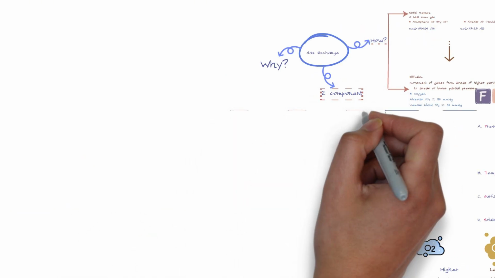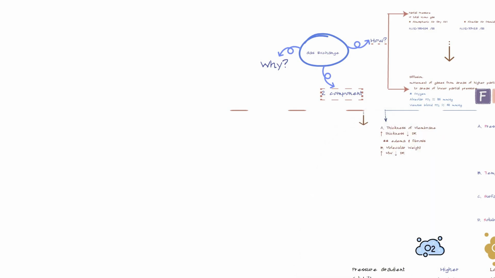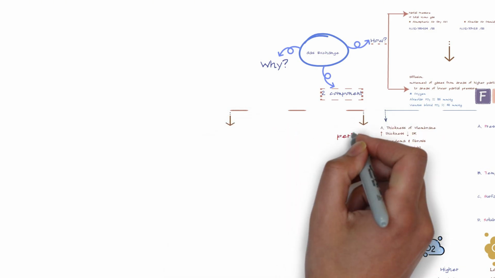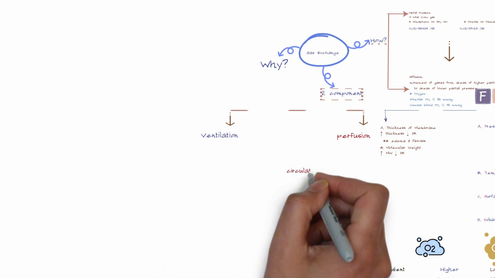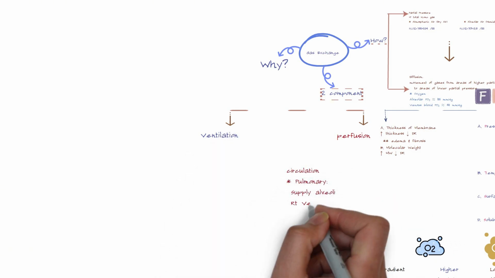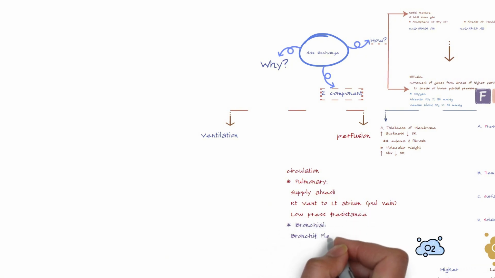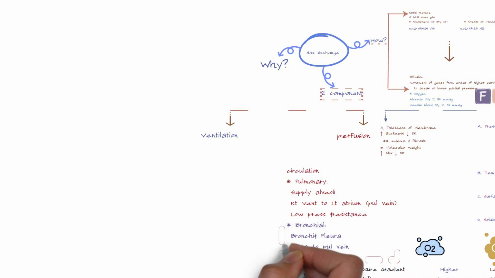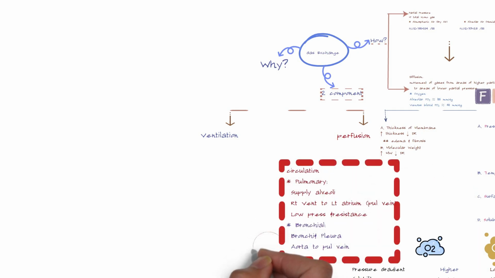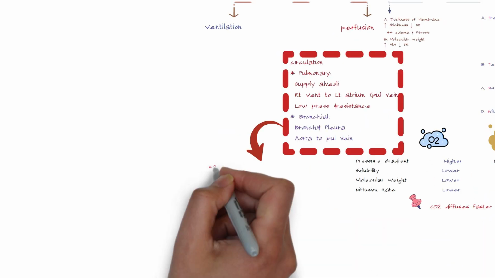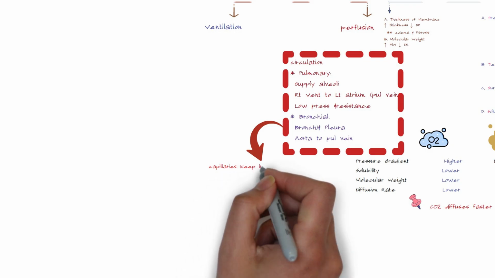We discussed the perfusion. We have two main circulations, the pulmonary, which carries the blood to the alveoli for exchange, and the bronchial circulation that supplies the pleura and bronchioles. It's important to remember that the pulmonary capillaries keep the lung dry due to the high oncotic pressure compared to the hydrostatic.